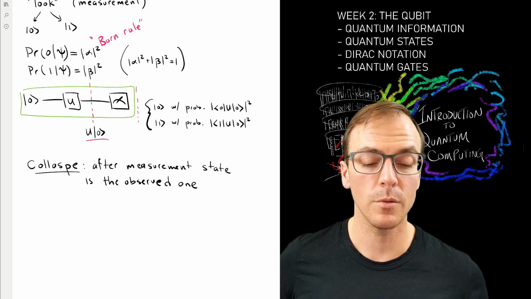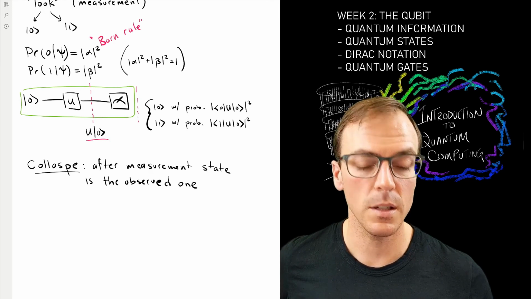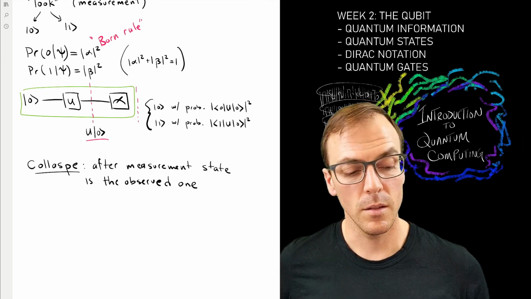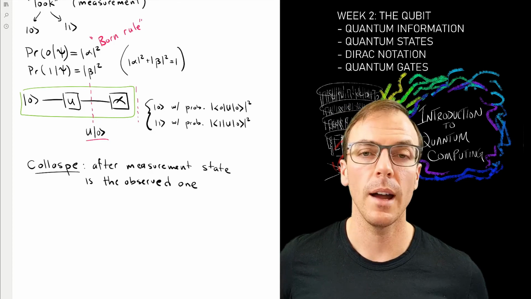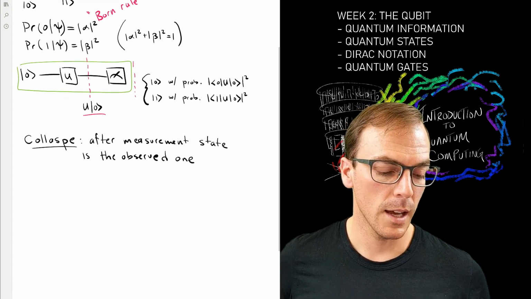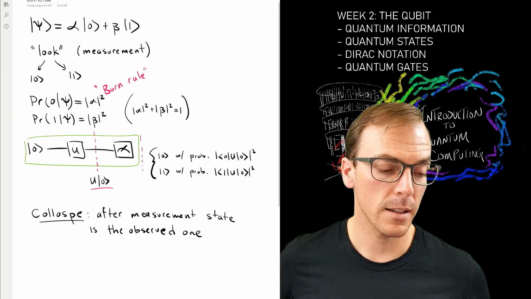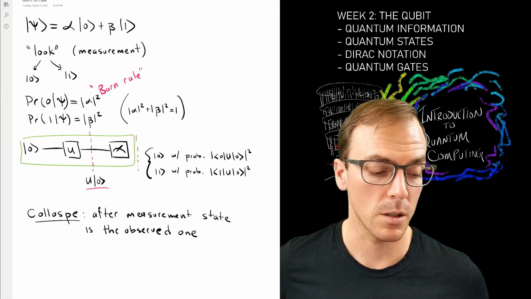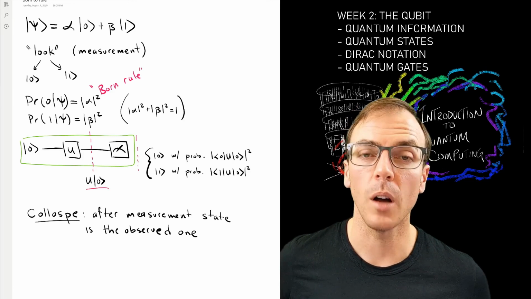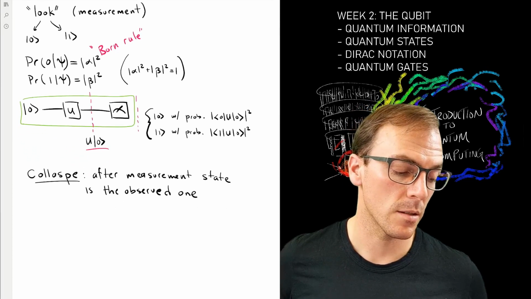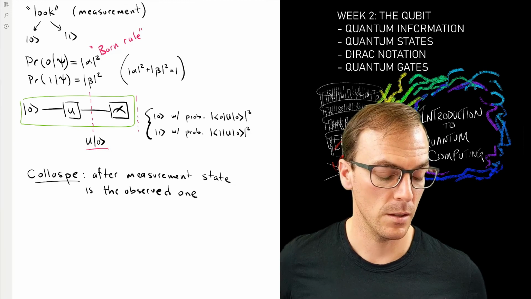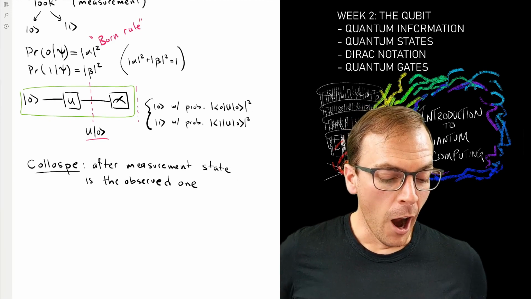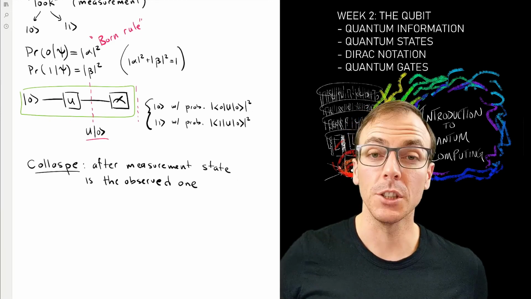So if I observe this 0 state as the answer, then the state of the qubit is 0 afterward. And that is a very discontinuous and, as we mentioned earlier, irreversible operation. So it has this terminology, collapse.